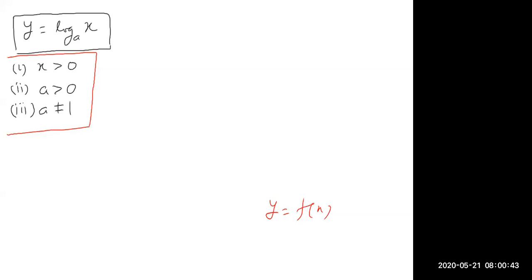Otherwise, what will happen? Log will not be defined. That means if I ask you log of -2, no answer, not possible. Why? Because logs are not defined for negative numbers. Logs are defined for positive numbers. x must be greater than 0. It may be a fraction, a rational number, or an irrational number, but it must be greater than 0.